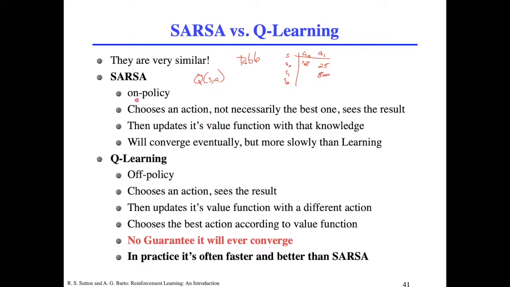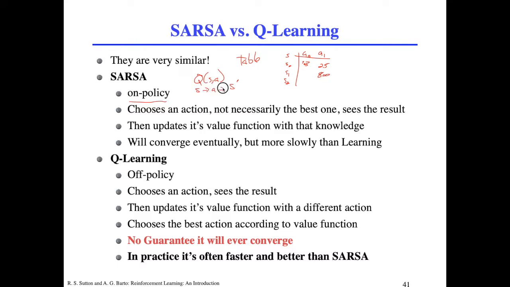And so the essential difference is that SARSA is your example of an on-policy method, where as you're exploring and gaining some reward and seeing what happens, you update your estimate for that state and action that you took, but you also, as part of that update, you need to find out what S prime, the next state, would be, right?